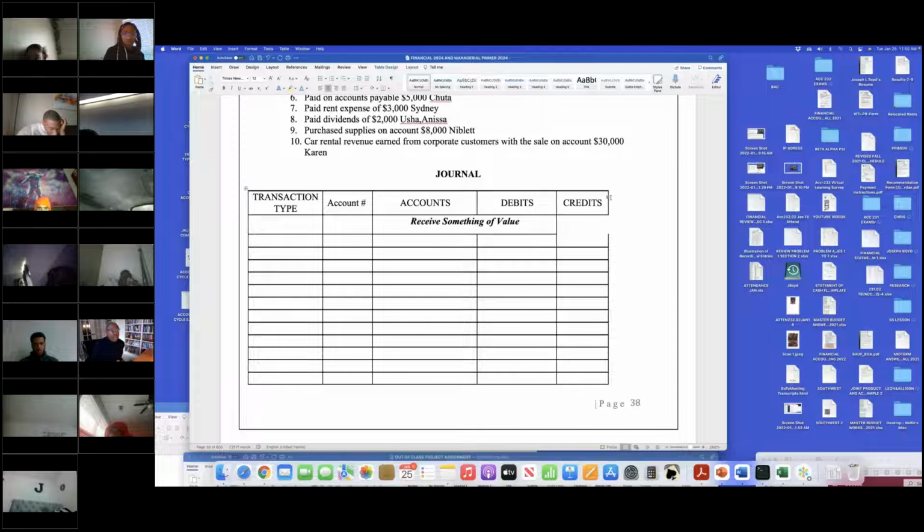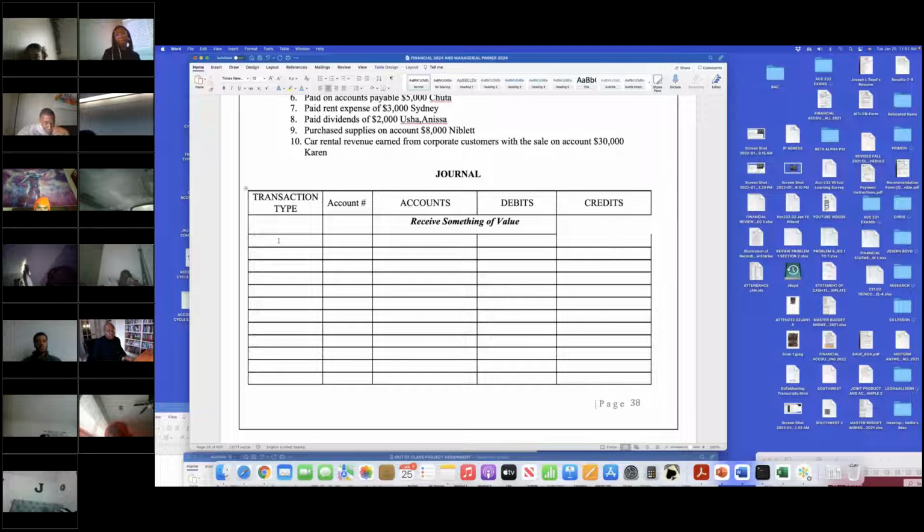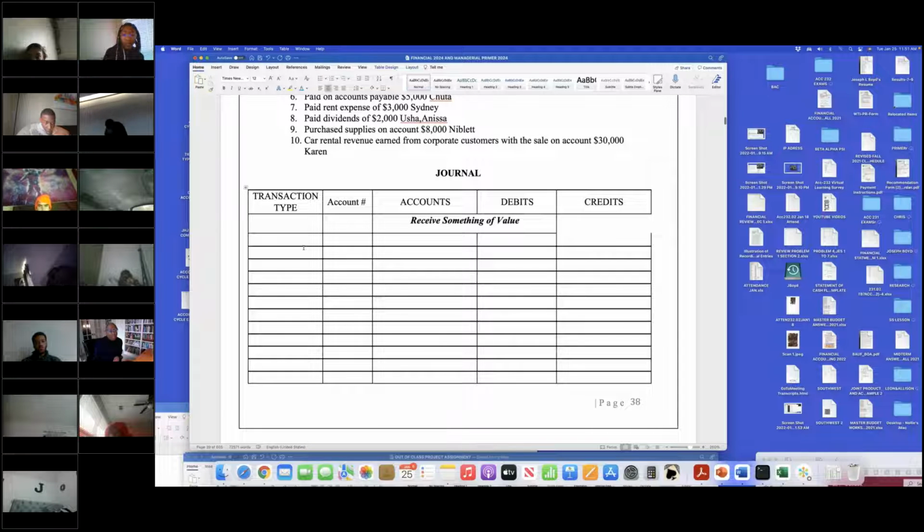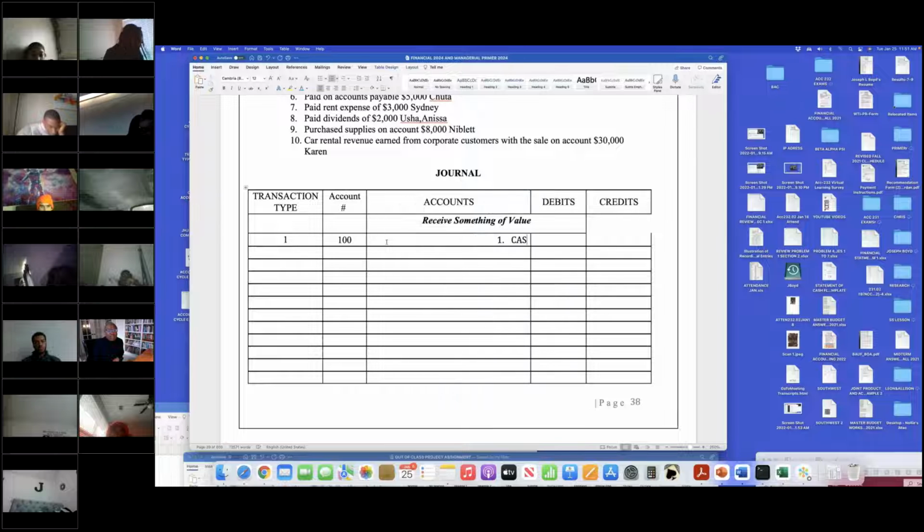So we said this is a type 1, correct? And in the type 1, what do we debit? Cash. 100 cash. And what are we going to credit?